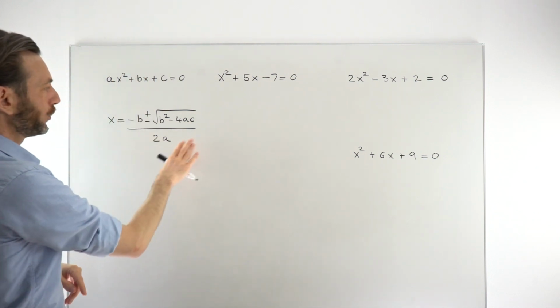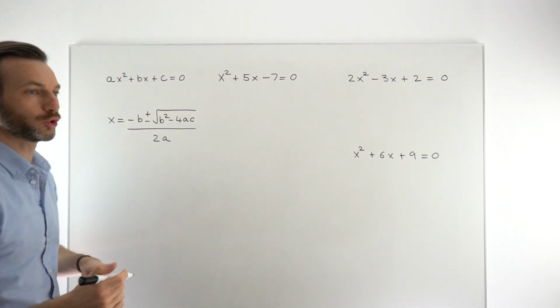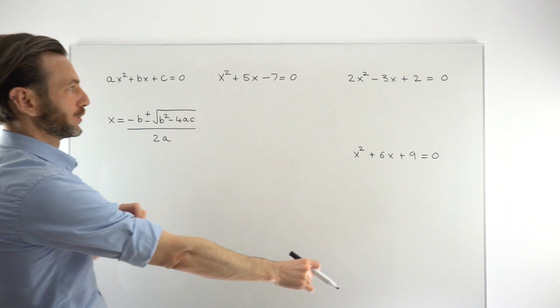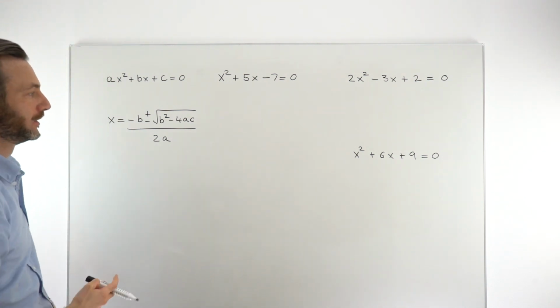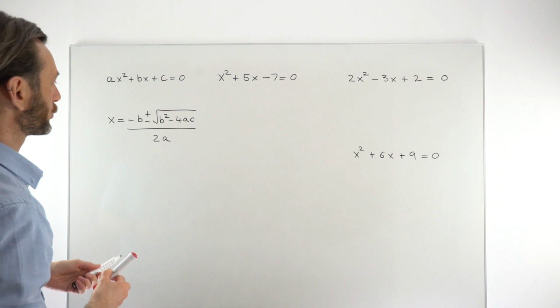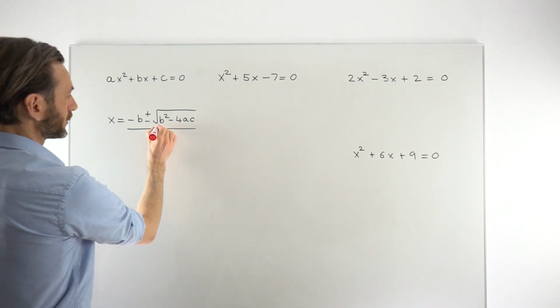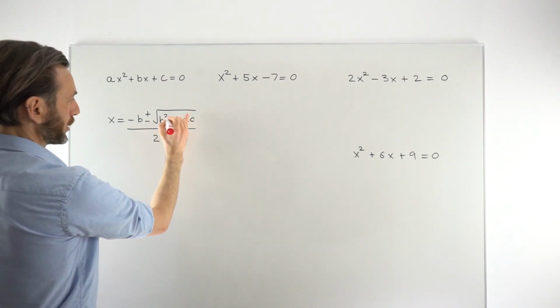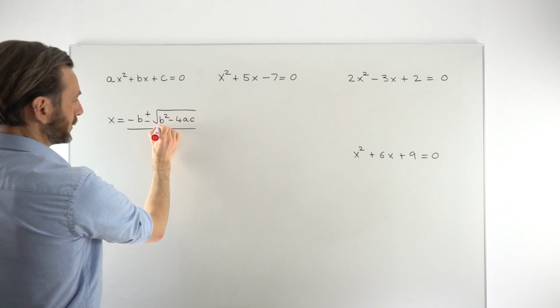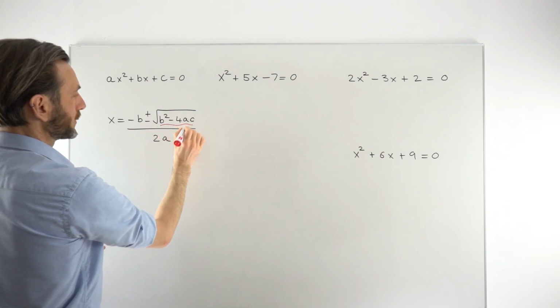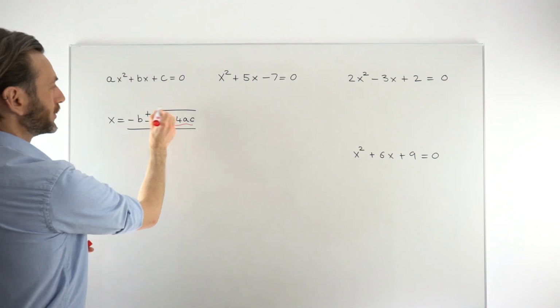So we can use the quadratic formula as a way of gauging solutions for every quadratic equation, not only the ones that don't factorize. If we look at the structure of the formula, we've got this expression here, made up of the b squared term and the minus 4ac, which is living underneath the square root.